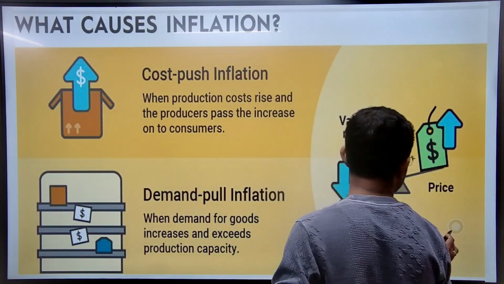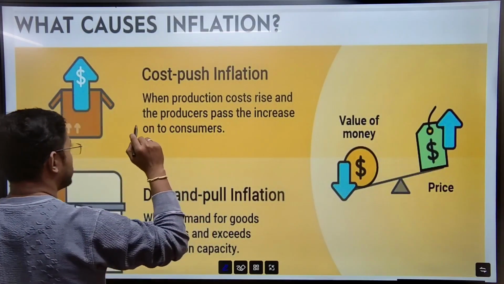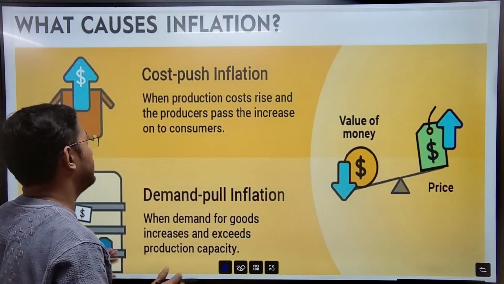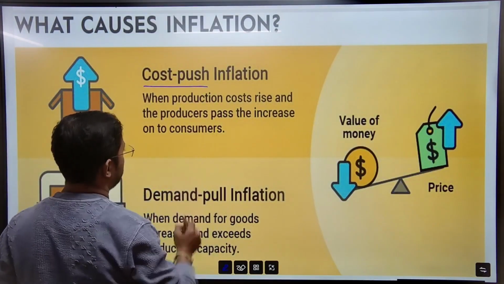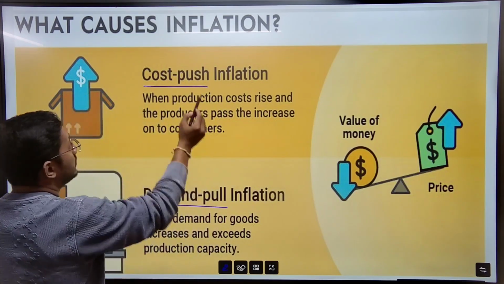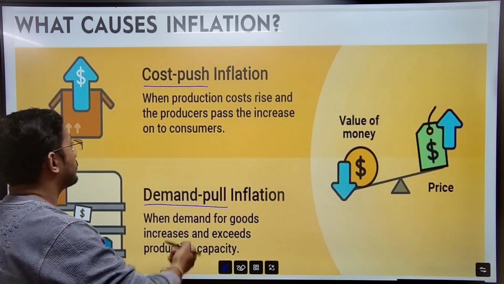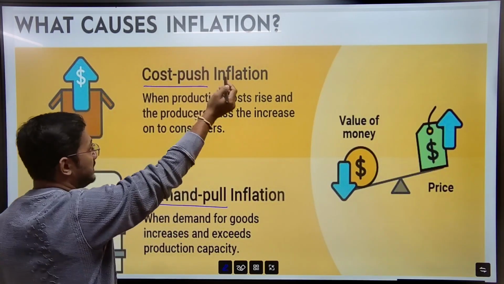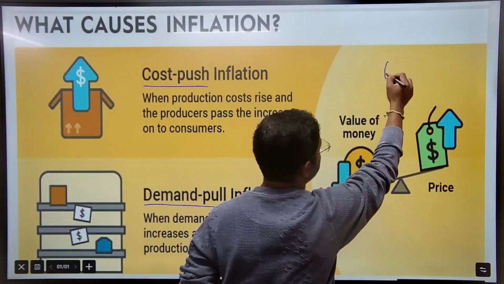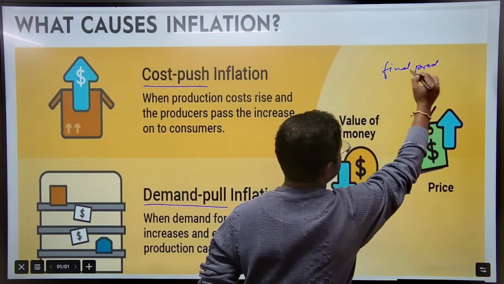So, if you see, inflation is generally caused for two reasons. One is known as cost push, another one is known as demand pull. So what does cost push inflation mean? Cost push means, suppose this is the final product.